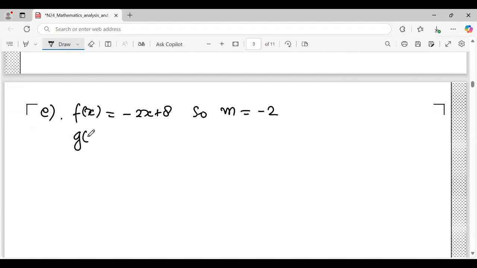And gx equals minus x squared plus 2x plus 8.